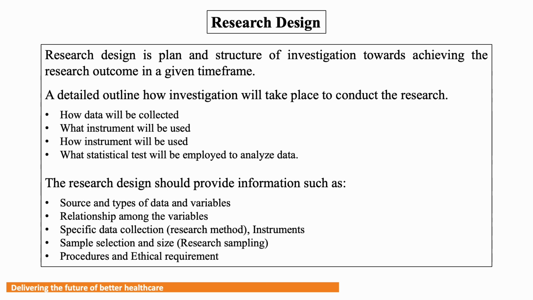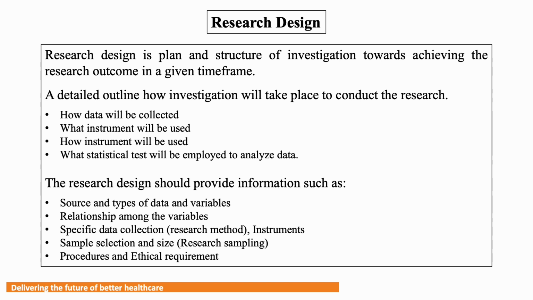A detailed outline of how the investigation will take place to conduct the research would include how data will be collected, what instrument will be used to collect those data, how the instrument will be used, and what statistical tests will be employed to analyze the data.